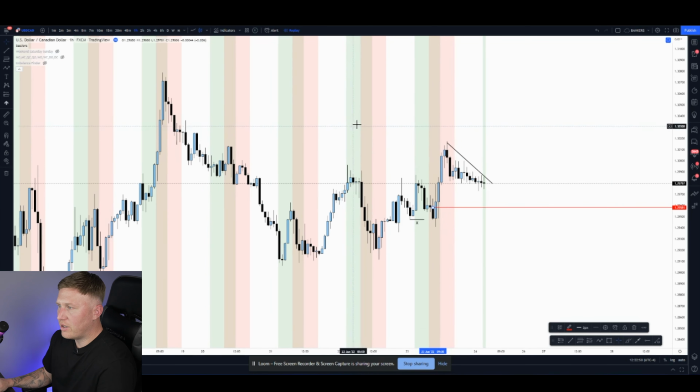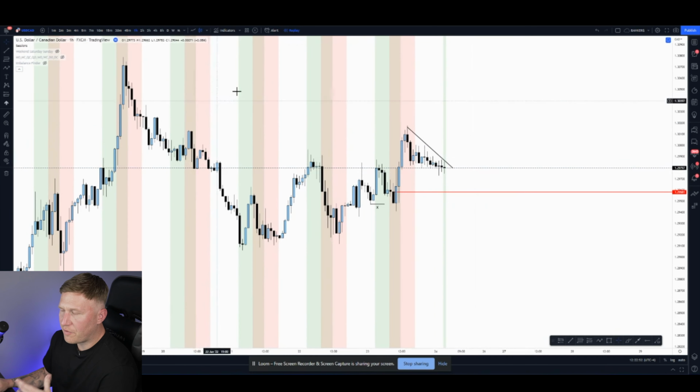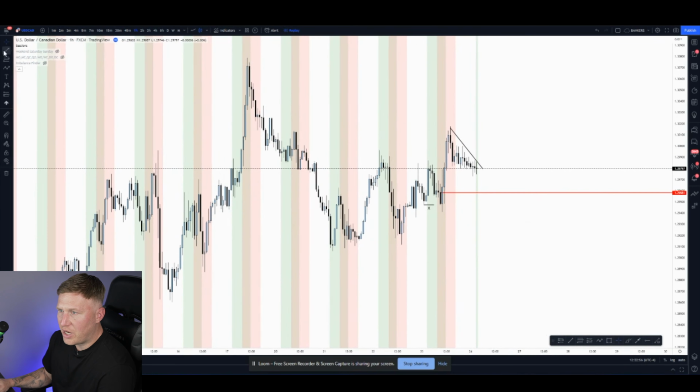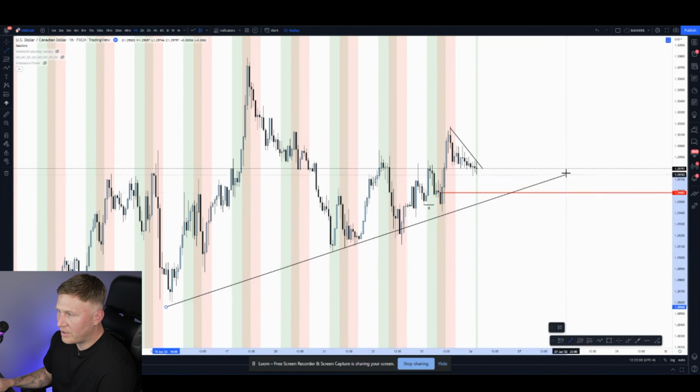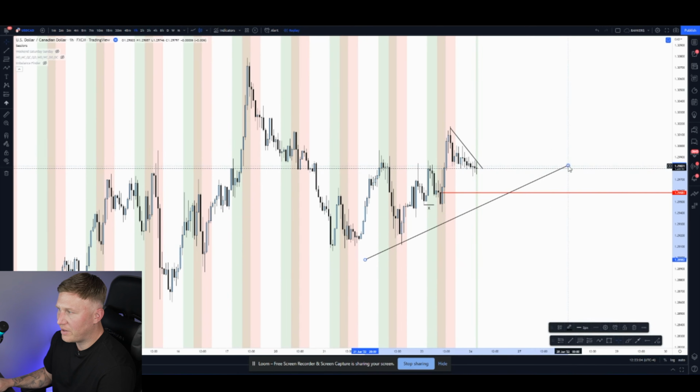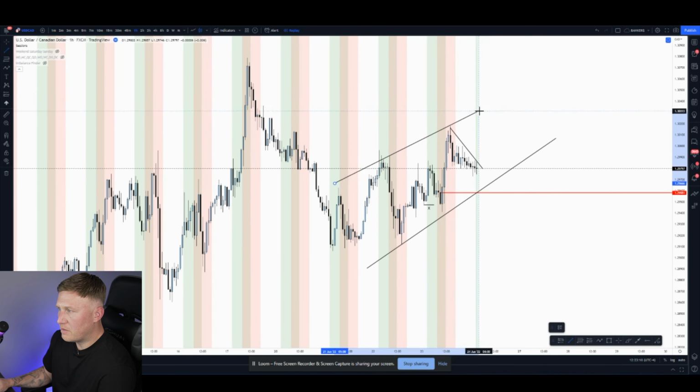And when I looked at this, one of the first things that I saw was, this kind of looks like a channel. You had the trend lines, and it kind of had another trend line, something like this.